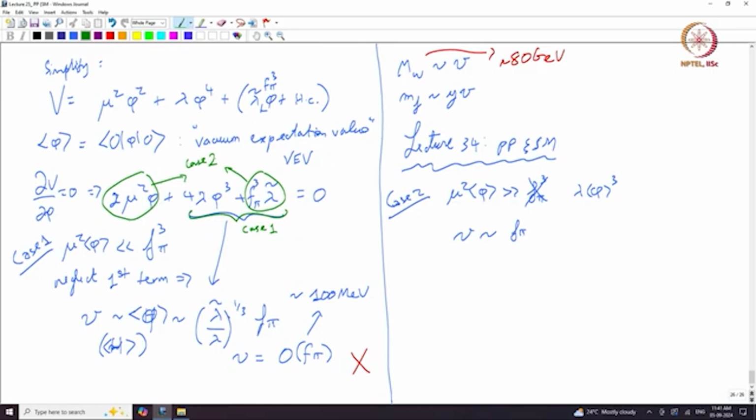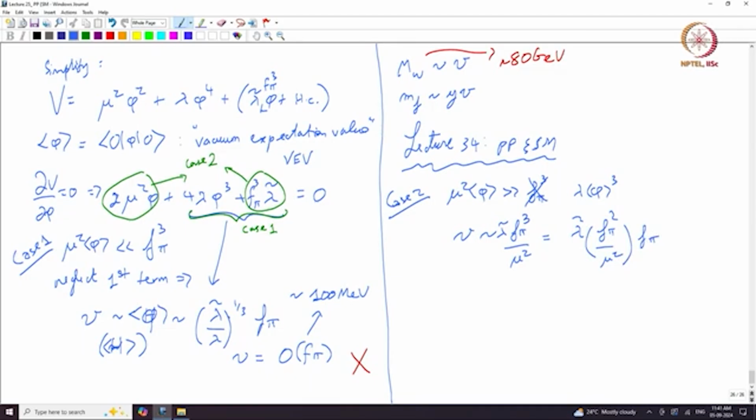So, what happens if I put in the minimization condition? I get the expectation value as f pi cubed over mu squared, and of course there is a lambda tilde sitting outside. To understand this better, I am going to write this as lambda tilde f pi squared over mu squared times f pi.